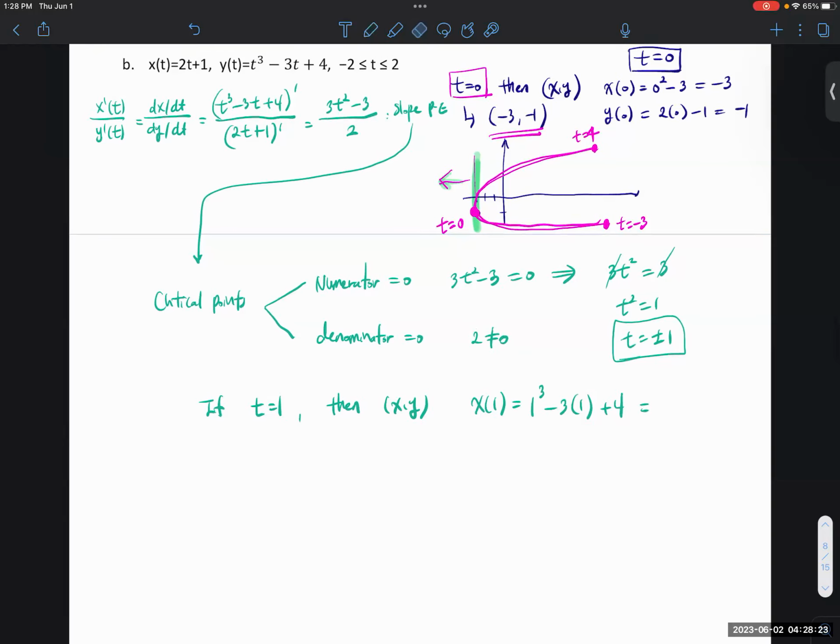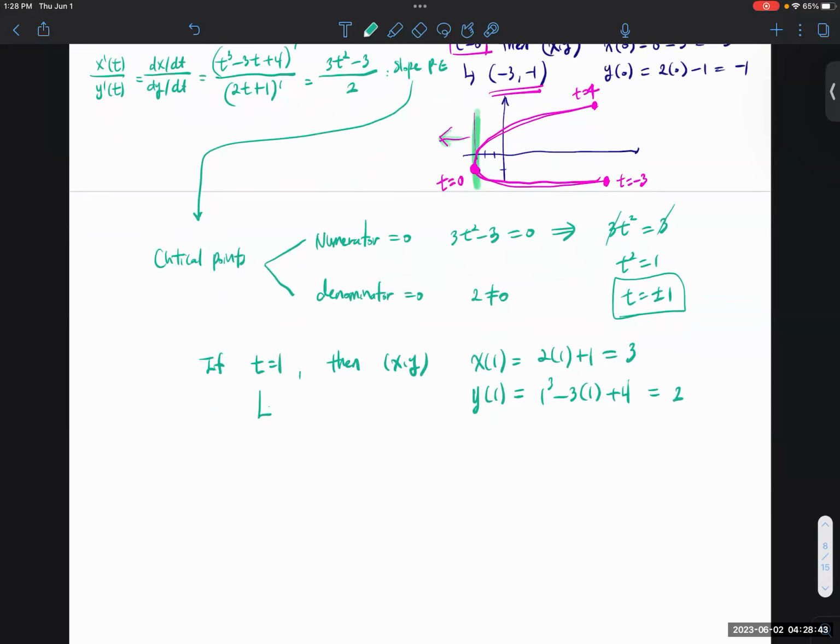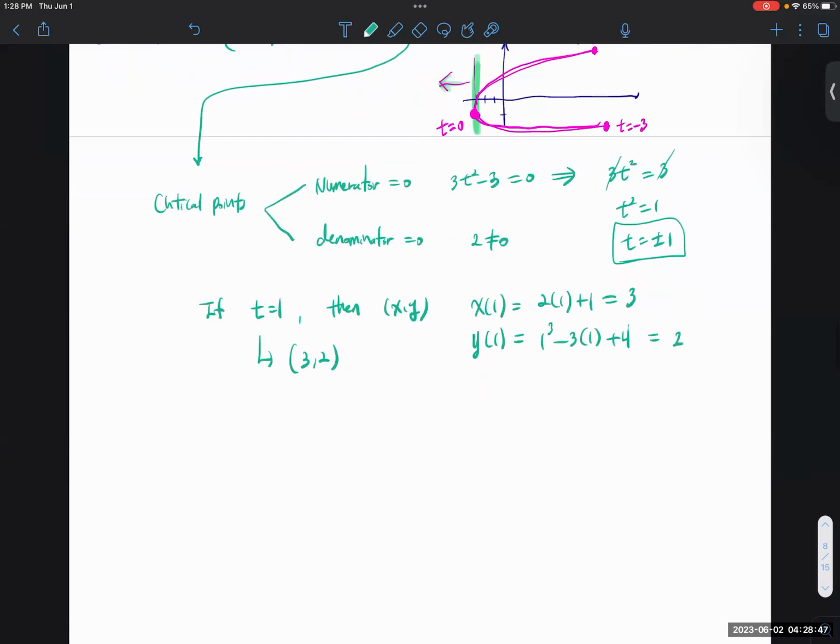Oh, I made a wrong equation. I'm going to plug into the x function. So 2 times 1 plus 1, that is a 3. And y of 1, 1 to the third minus 3 times 1 plus 4, it's going to be 2. So when t equals 1, you have a critical point at 3, 2.